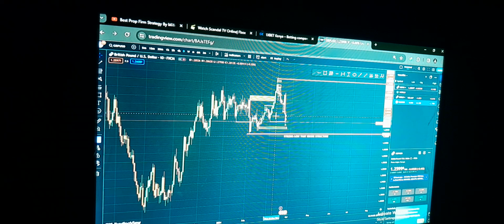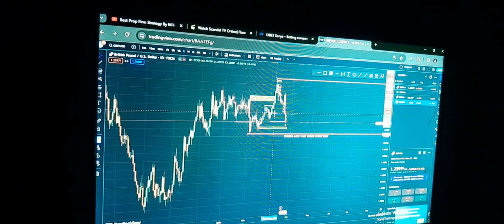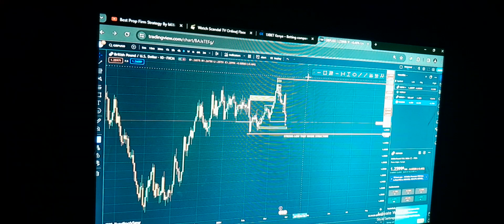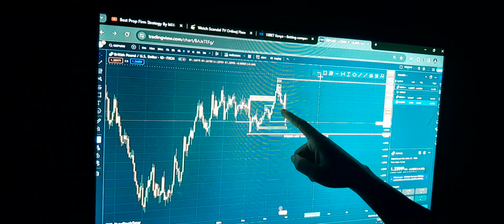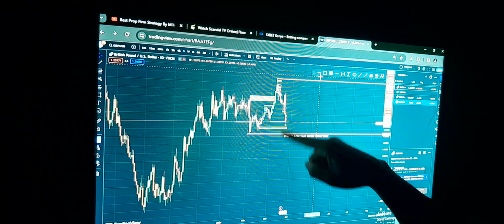Okay, so let's look. It has already broken this structure, so we're going to look at the place that was responsible for the break of structure, and that is, in my case, I look at it as the manipulation from that news. You understand? The news that happened on Wednesday. This is what I mean. We came down till here. It was to respect this low. Then what happened?